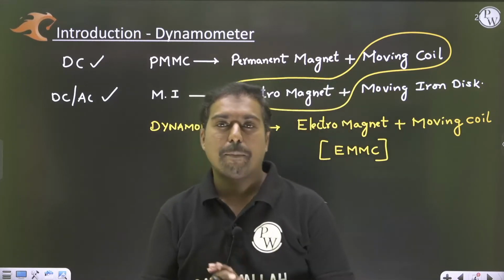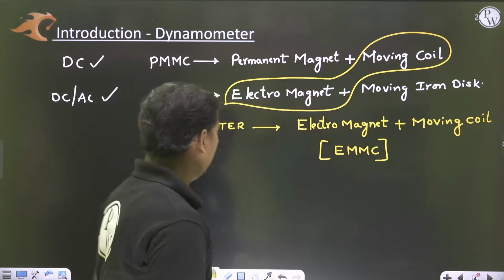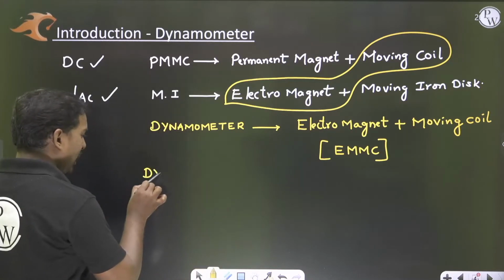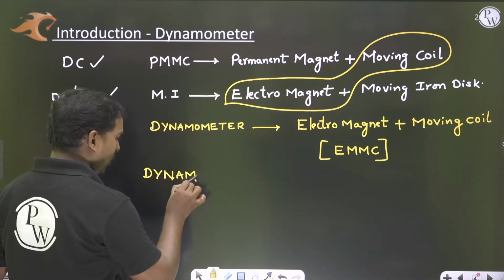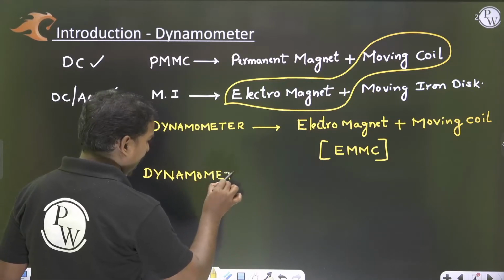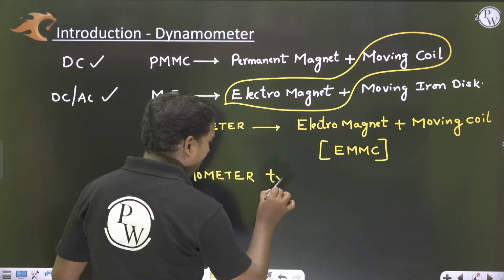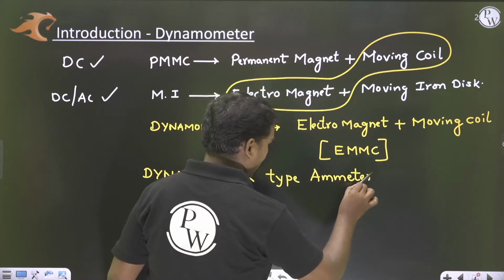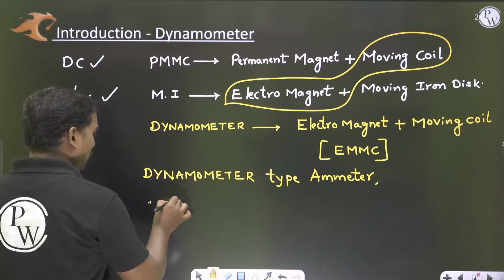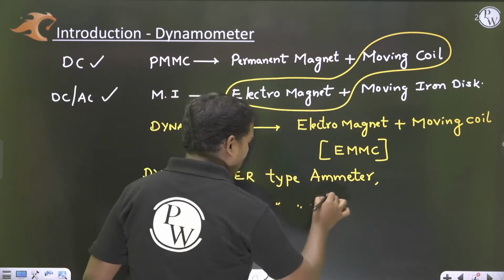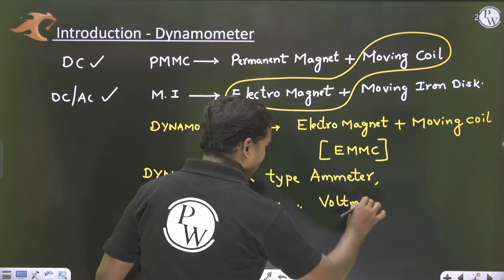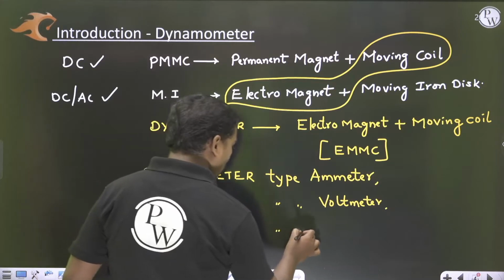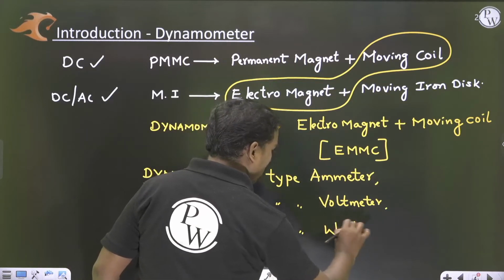By using this EMMC, we can measure the current. Dynamometer is suitable as a dynamometer type ammeter, and dynamometer type voltmeter, and most importantly dynamometer type wattmeter.